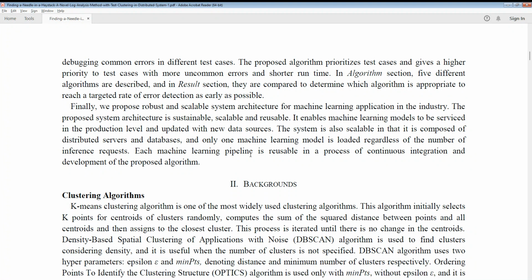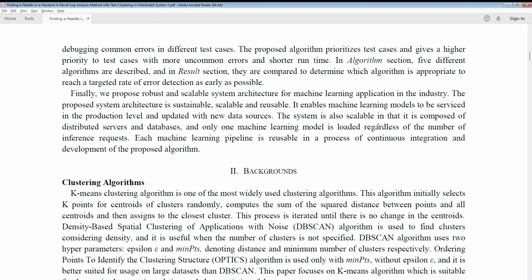The system is also scalable in that it is composed of distributed servers and databases, and only one machine learning model is loaded regardless of the number of inference requests. Each machine learning pipeline is reusable in the process of continuous integration and development of the proposed algorithm.